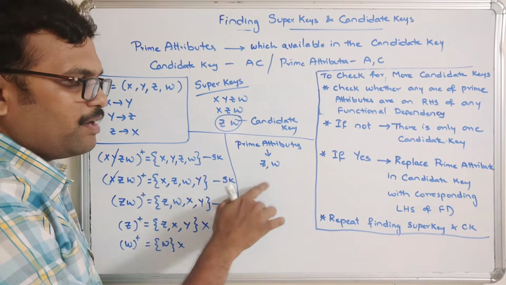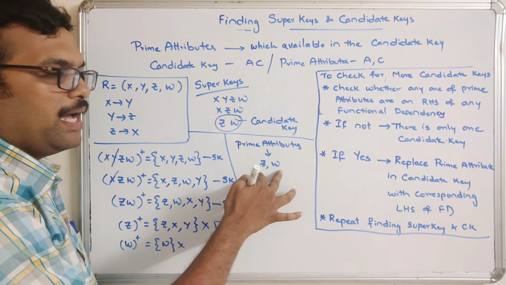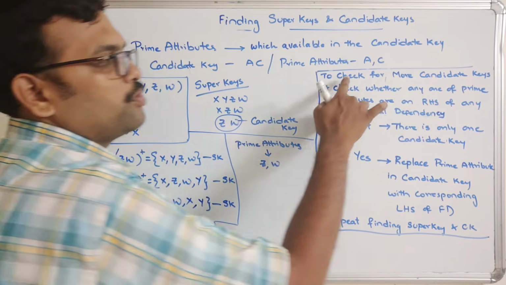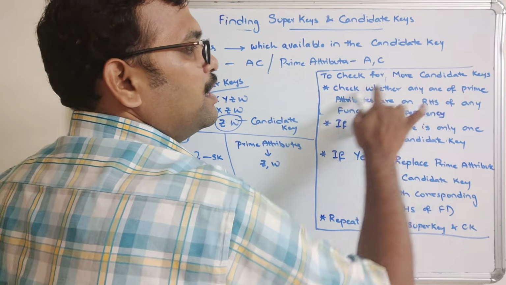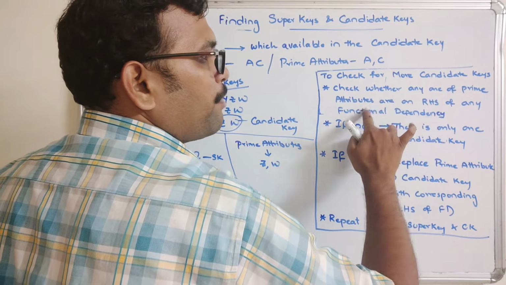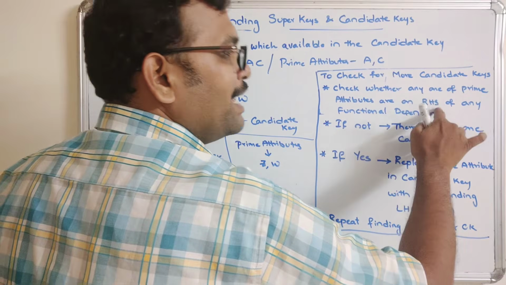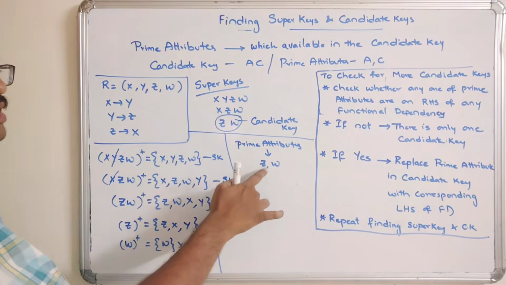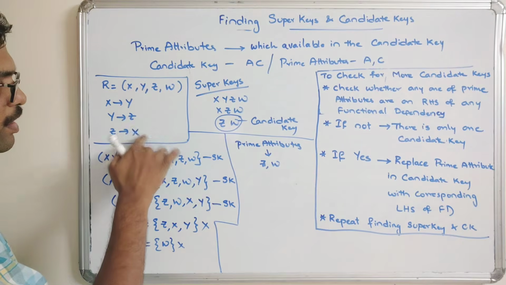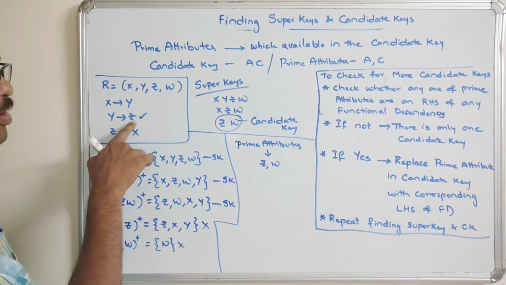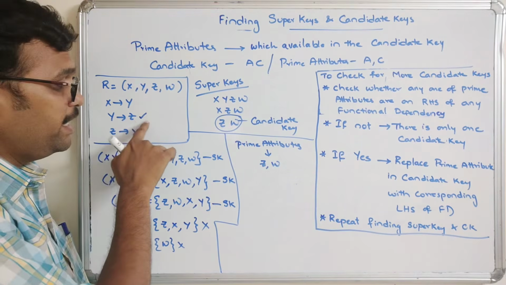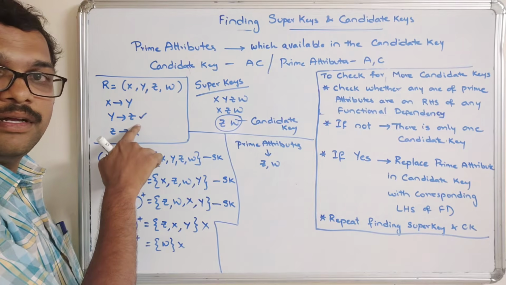We have to check whether Z or W is available on the RHS. So to check for more candidate keys, check whether any one of the prime attributes is on the RHS of any functional dependency. So here Z and W. You can observe here, yes, Z is available on the right hand side.